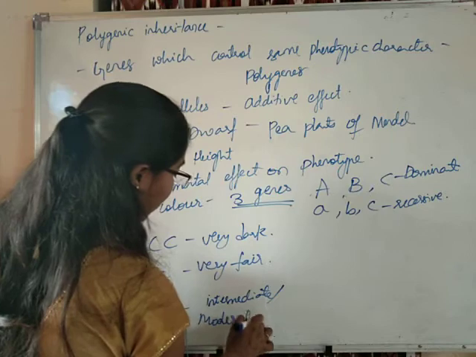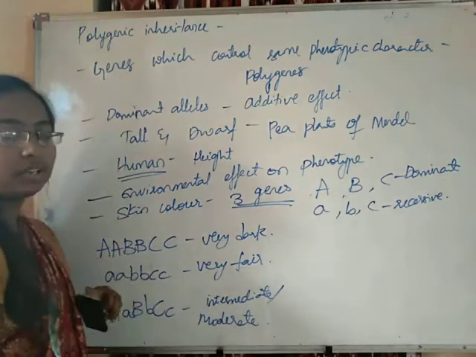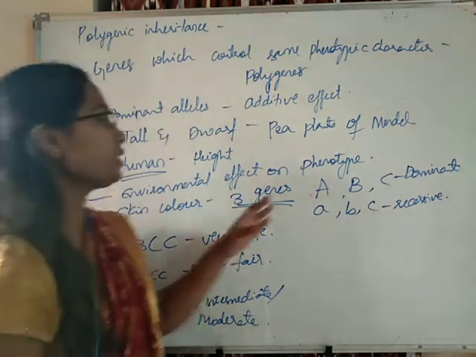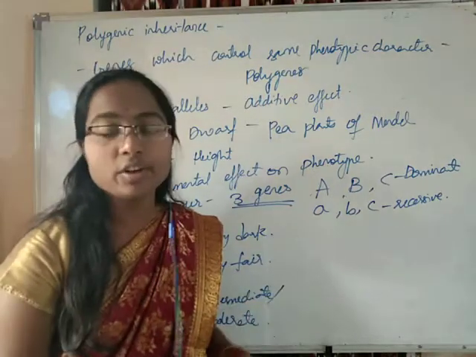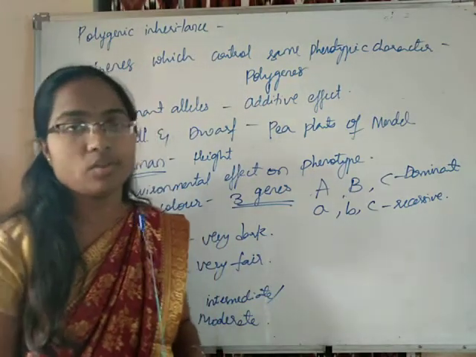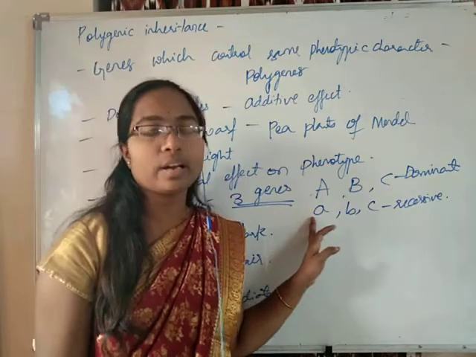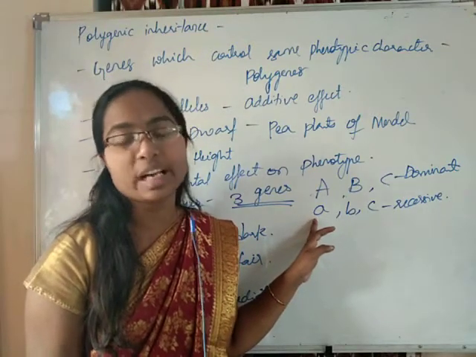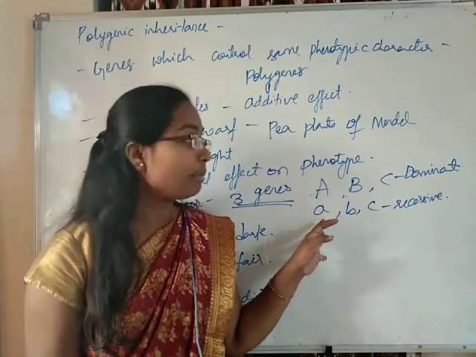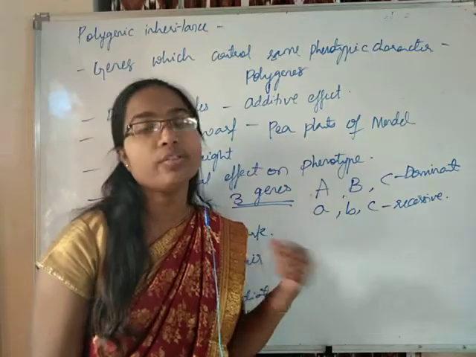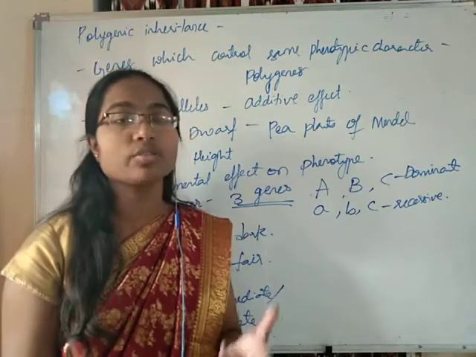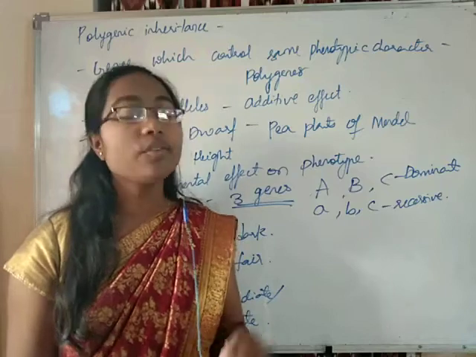By using these 6 types of alleles, many different combinations of genotypes can be formed. These different genotypes show different expressions of color depending upon the presence of the dominant genes.